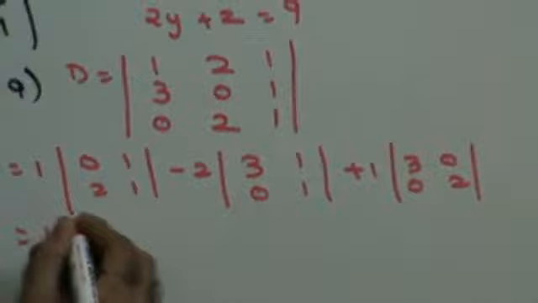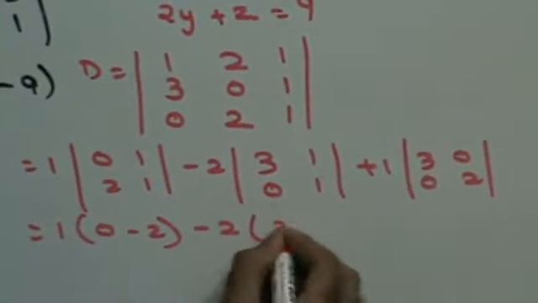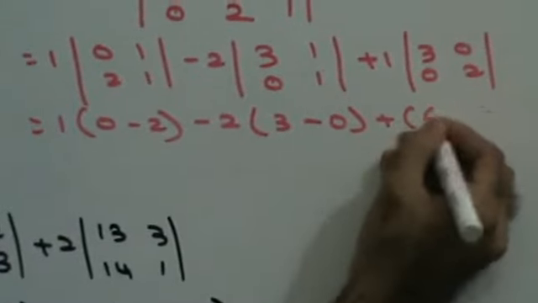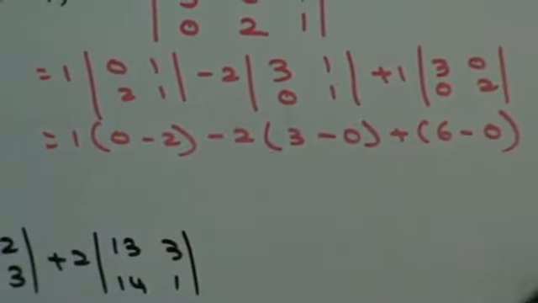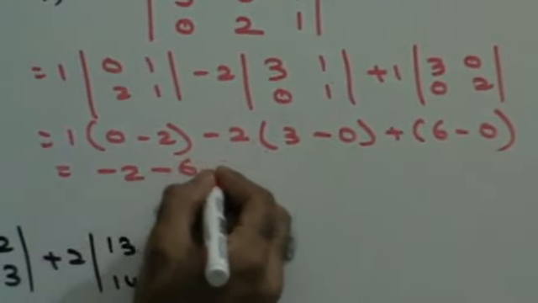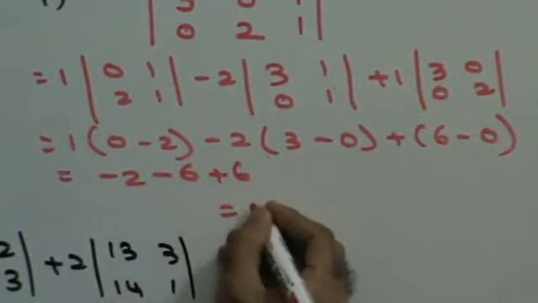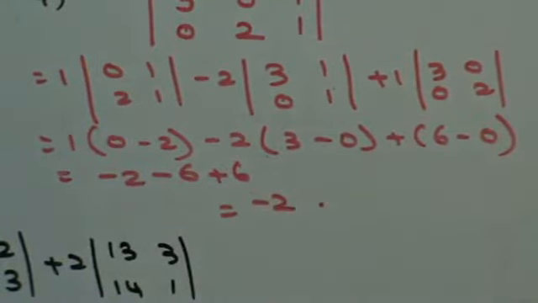So in that case this is 1, 0 minus 2, minus 2, 3 minus 0, plus 6 minus 0, right? So this is going to be minus 2, minus 6, plus 6. So this is going to be minus 2, right? Plus 6 minus 6 gets cancelled.